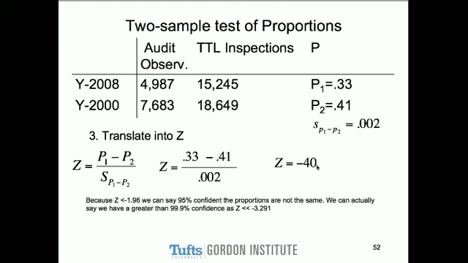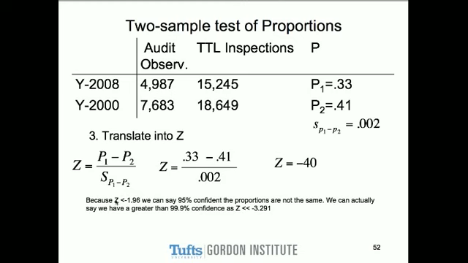And if we go back to what our hypothesis was, our null hypothesis was saying that these proportions are equivalent, okay? And we're using an alpha of 0.05. All right. The critical value for alpha 0.05 is 1.96, if we look that up in the table for a two-tailed test.